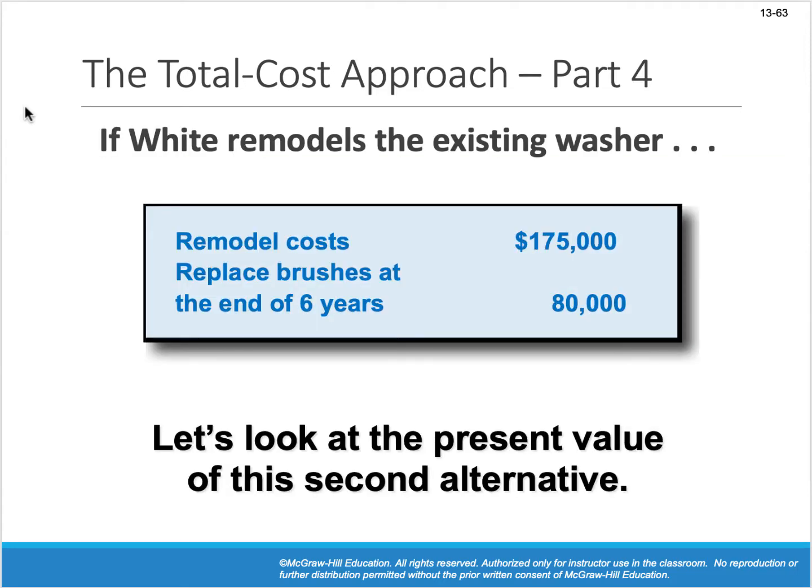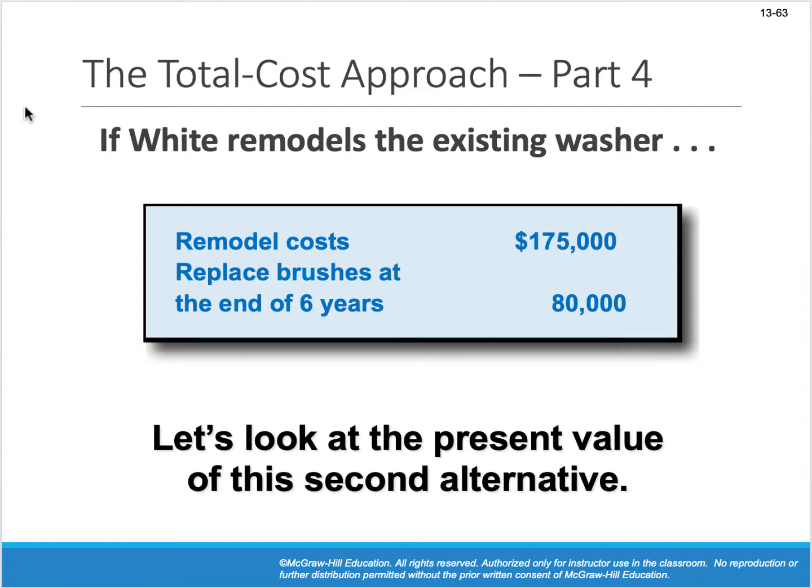Now, let's look at the second alternative. What if we just decide to remodel what we have? What's that going to look like? Well, if we choose to remodel this existing washer, it's going to cost us $175,000.